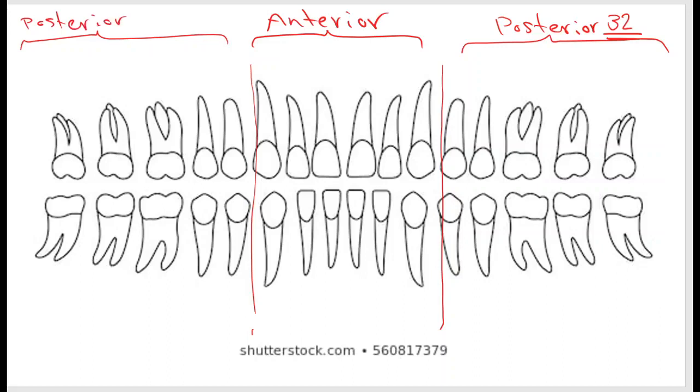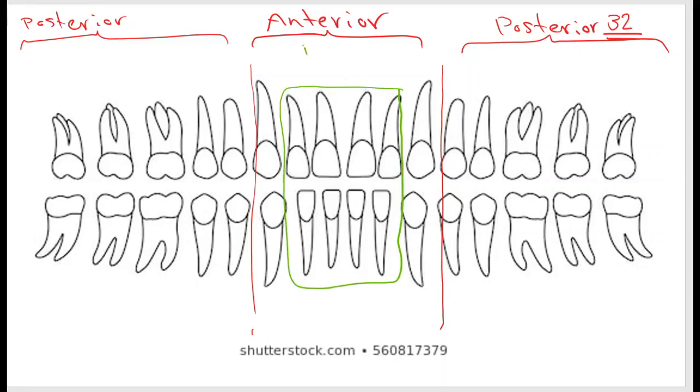Posterior teeth, right? So this is kind of just to show you a bigger picture, because we're going to talk about each tooth separately, so you can have an idea of where the teeth are. Starting here, these teeth in the middle are all incisors.